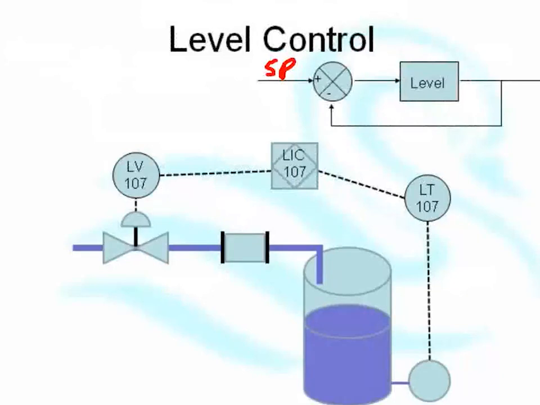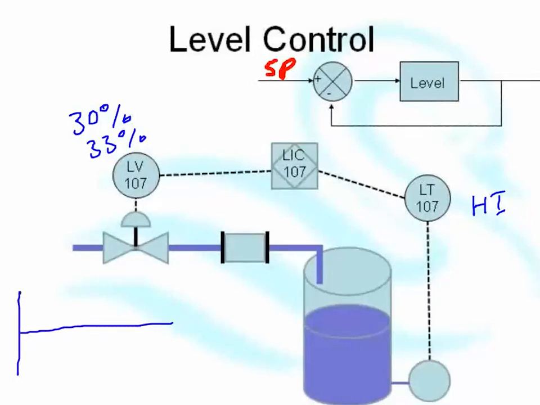If someone comes along and services the valve, so that the valve starts acting a lot more efficiently, and the level transmitter says the level's a little bit high, open the valve, and the valve opens from 30% to 33%, then because the valve is acting more efficiently now, we're going to overshoot.